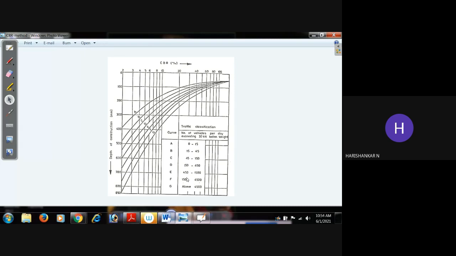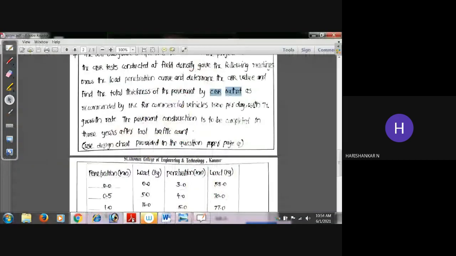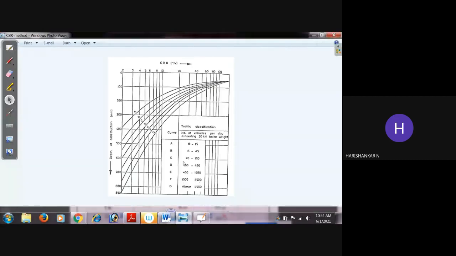So for that purpose, you are having which curve? Here the traffic is 1500 per day, as given in the question, with 7 percentage growth rate. So in the graph you can see the number of vehicles per day exceeding 30 kN loaded weight.